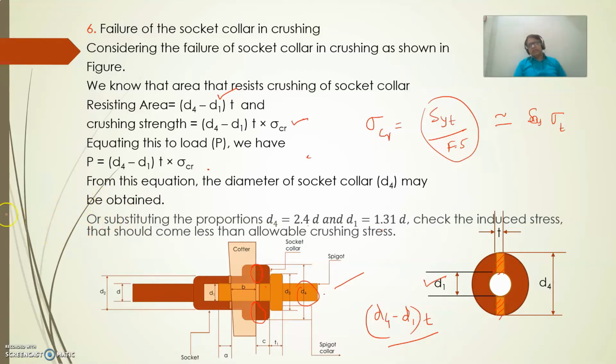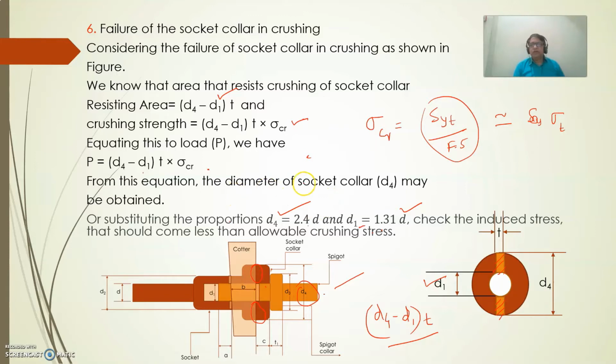So we check this because for D4, if we know the things with the proportion, it is mentioned here. D4 is equal to 2.4D, right? D4 is equal to 2.4D and D1 is equal to 1.31D. So substituting this, and T is equal to 0.31D, we can find out what sigma CR is, and that should come less than the allowed.